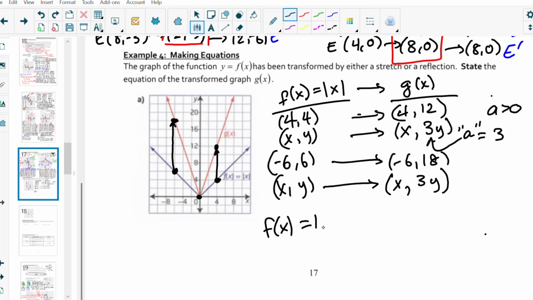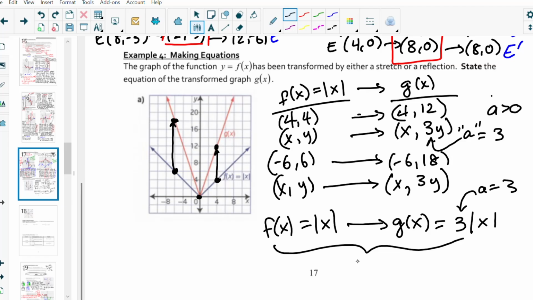Okay, so if f of x equals absolute value of x, how do I transform it to g of x based on the information that we know? Well, if we start with absolute value of x, the a value goes right here. So I'm going to put the a value of 3. A equals 3. Okay, and then on your own time, verify with a graphing calculator.